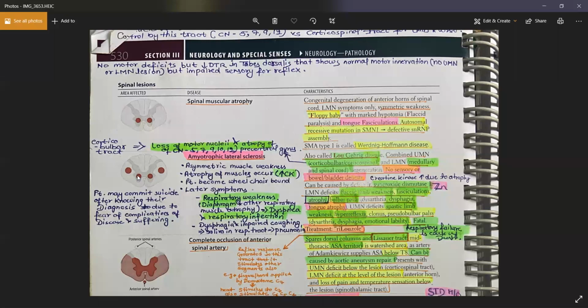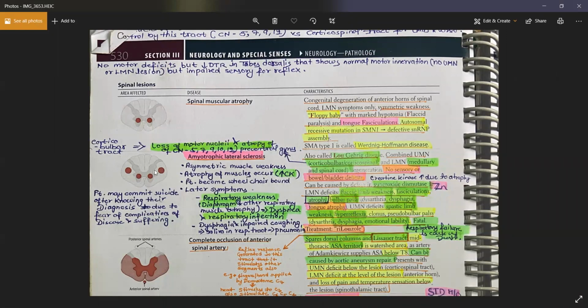Now you have amyotrophic lateral sclerosis, in which you have an atrophy of both the upper motor neuron fibers as well as the lower motor neuron fibers. So whenever in a clinical vignette you hear upper motor neuron signs as well as lower motor neuron signs, you will always think about amyotrophic lateral sclerosis.